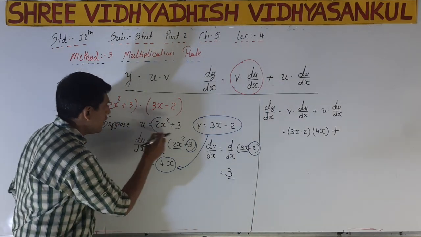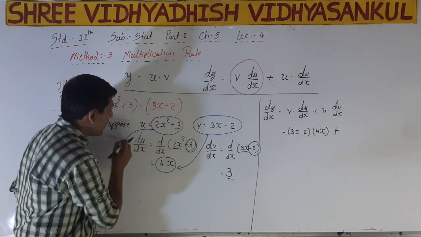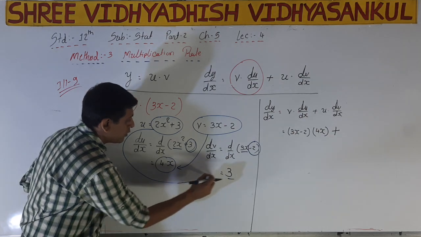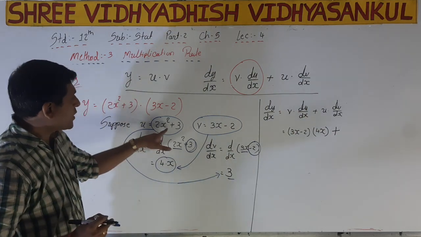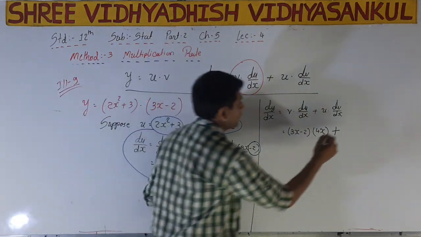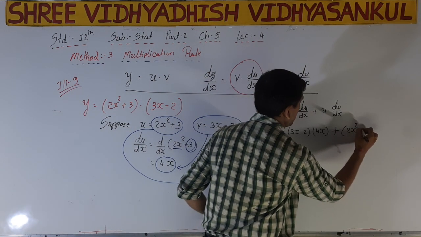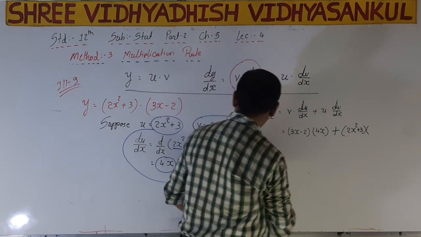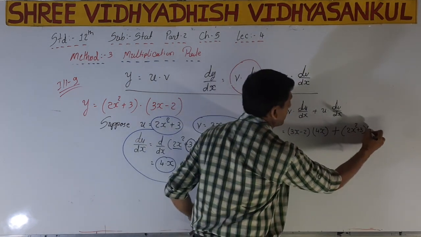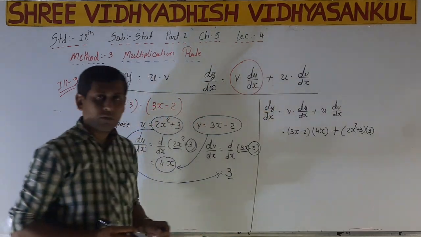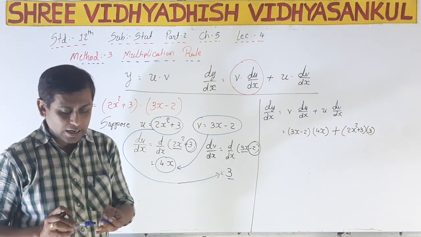Here it is u, 2x square plus 3 into dv by dx, that is 3. Right? So you just have to multiply these two.